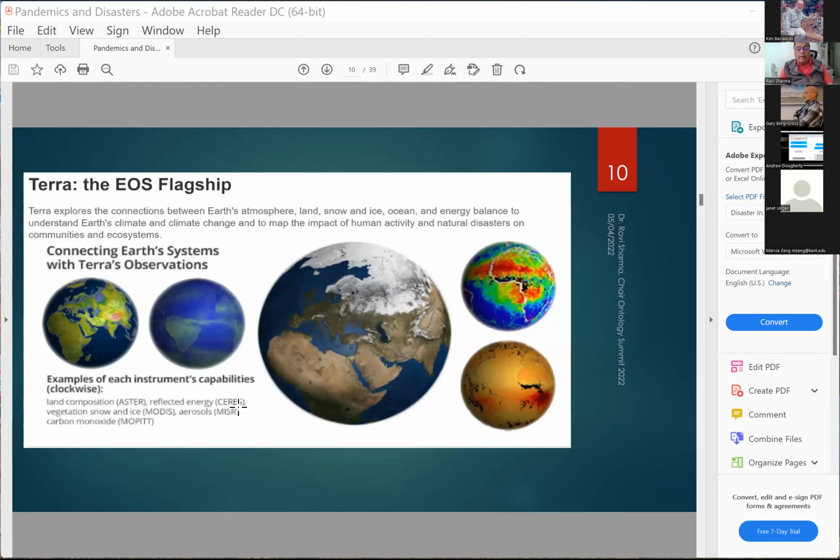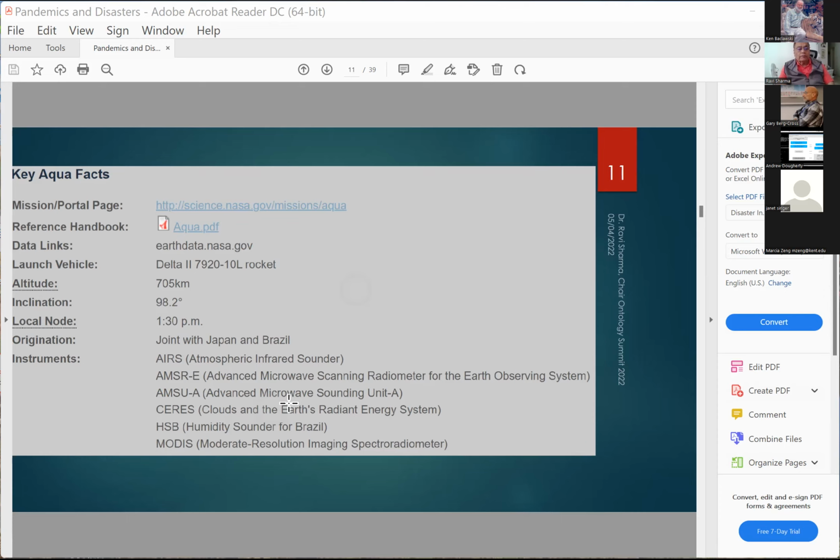More or less, they're all functioning still, but if you want the latest data, it is Landsat 9 and subsequent Landsat satellites. Most of them have this kind of orbit, 700 kilometers, and they have some fixed node local time. Here it's a PM, so it's 1:30 p.m. AM is where I said around 10:30 in the morning.